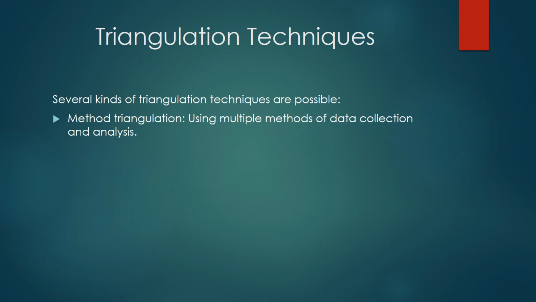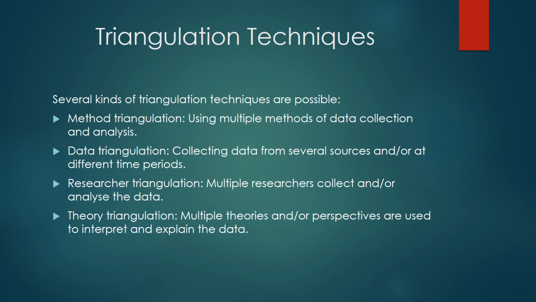Now we have a look at the triangulation techniques. Several kinds of triangulation techniques are possible. The techniques are method triangulation, data triangulation, researcher triangulation, and theory triangulation. Method triangulation is the use of multiple methods of data collection and analysis.